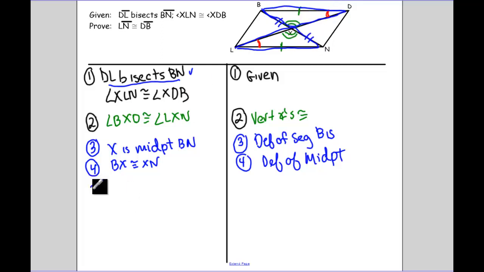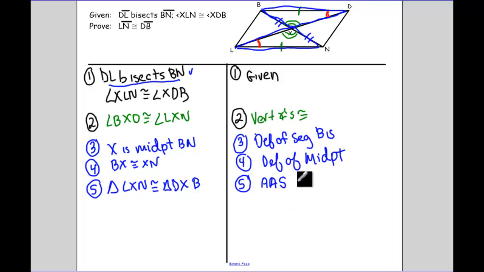So that is using our triangle LXN is congruent to, now be careful, DXB. LXN is congruent to triangle DXB by angle, angle, side.